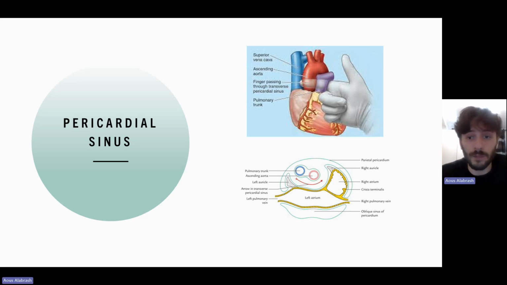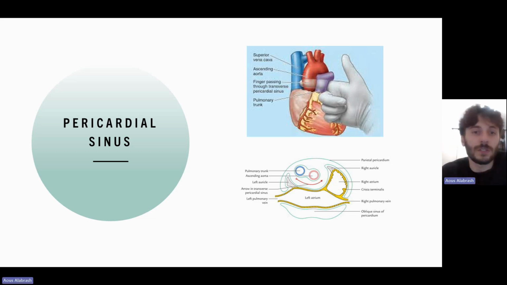So we have the transverse and the oblique. First of all, I'm going to talk about the transverse pericardial sinus. It's found superiorly on the heart, and the upper picture and the lower picture both show it.